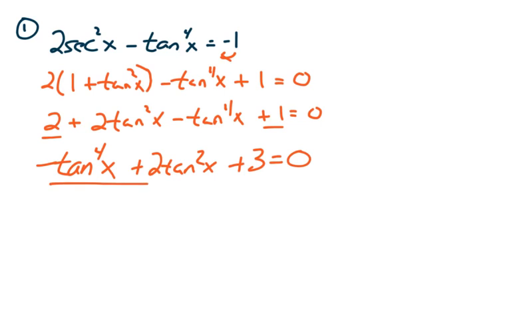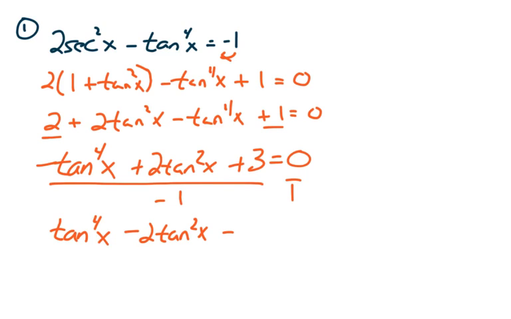So how I'm going to do that is essentially I'm going to divide everything here by -1. And just so you know, this is going to take a few lines of writing, so just hang in there with me. So when I divide everything by -1, this is going to be positive tangent to the fourth of x minus 2 tangent squared of x minus 3, and 0 divided by -1 is still 0, so we don't have to worry about that end.